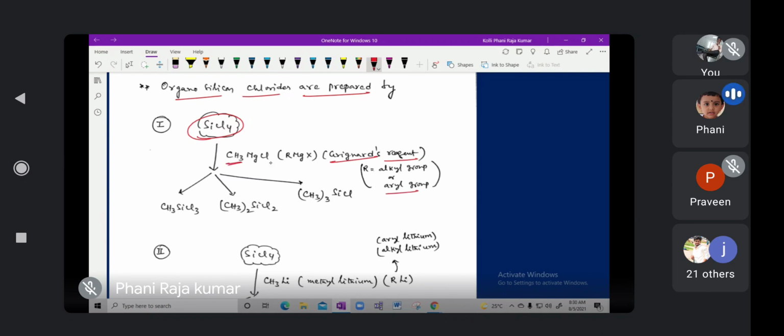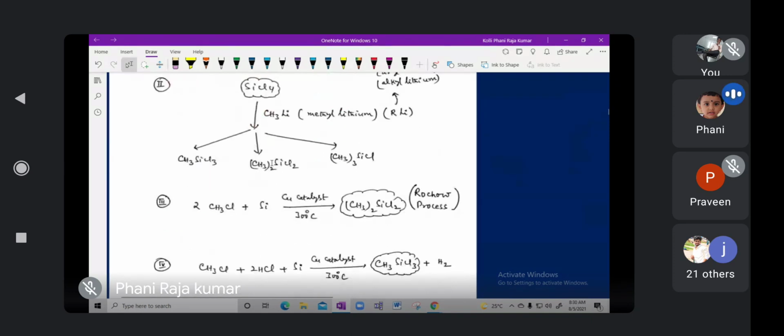So I am taking CH3MgCl, then we get CH3SiCl3, CH3 taken twice SiCl2, CH3 taken thrice SiCl: RSiCl3, R2SiCl2, R3SiCl type organosilicon chlorides, prepared by the reaction between SiCl4 and the Grignard reagent.